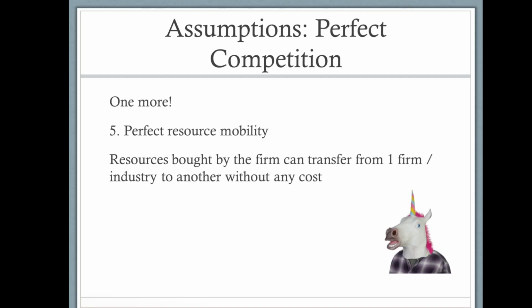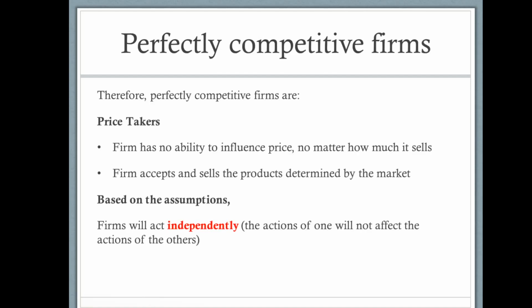As a result, we know that in perfect competition, all the firms are what we call price takers. If you are a price taker, then you are going to accept the price determined by the market, and you are going to stick with that price.